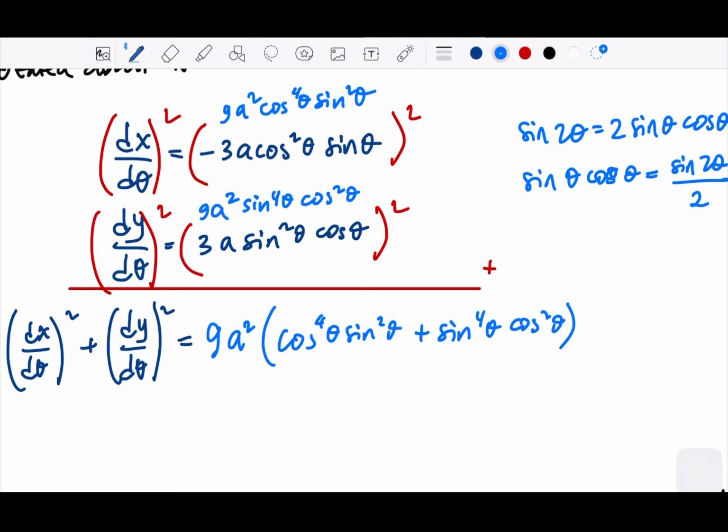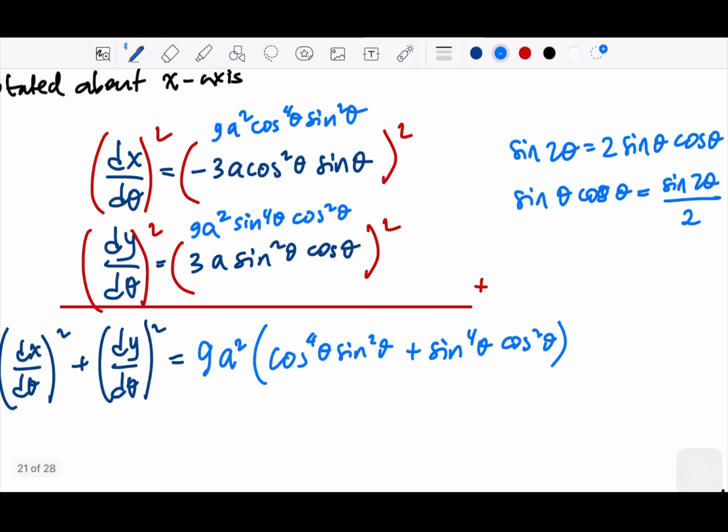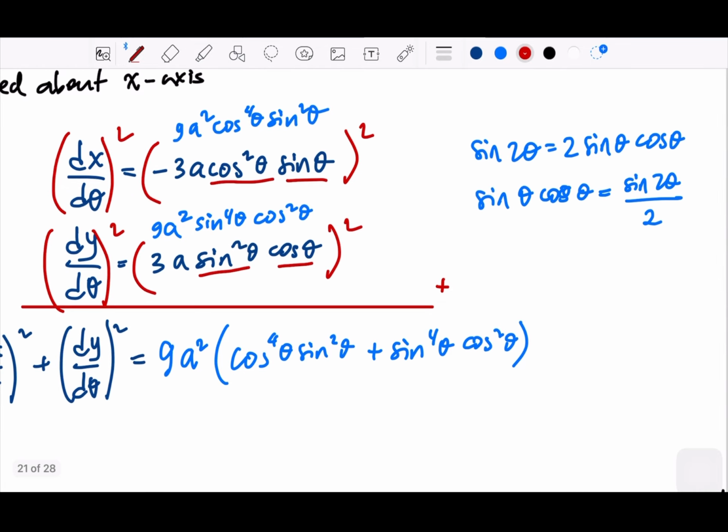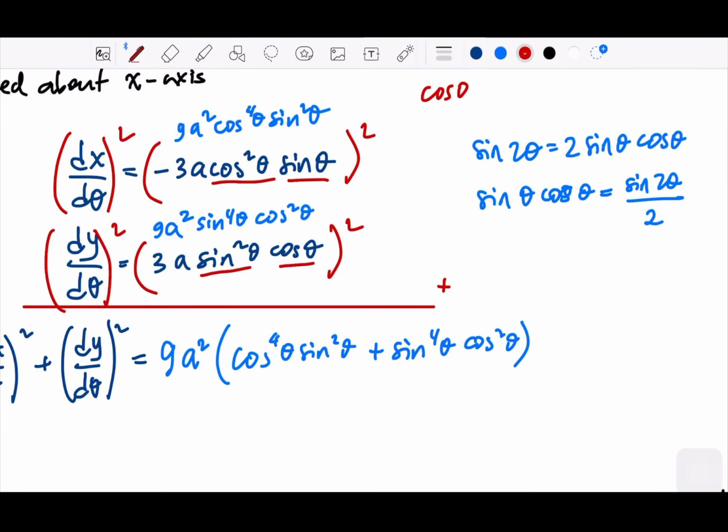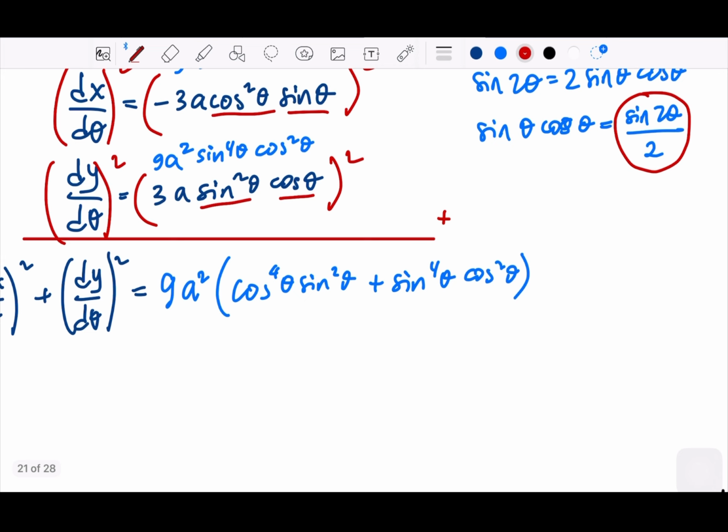Well, another way to simplify this is to change this first, changing cos theta sine theta into sine 2 theta.